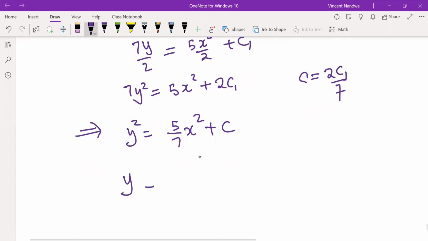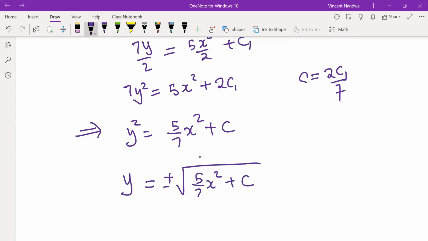Or you can say y equals plus or minus the square root of 5 over 7 x squared plus c. That gives the solution to the question given.